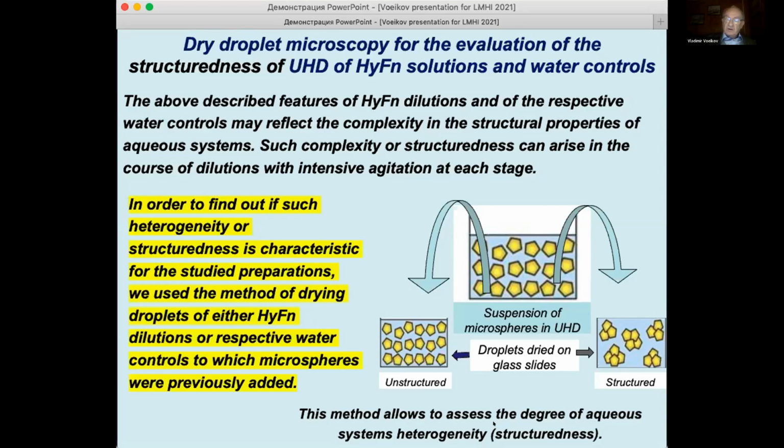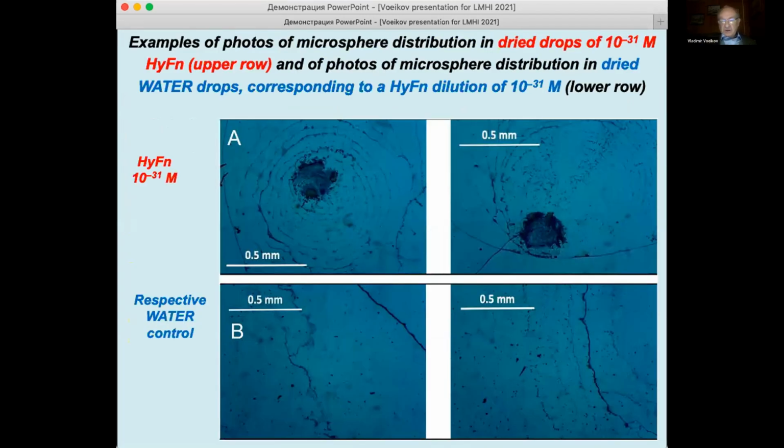This method allows us to assess the degree of heterogeneity or structuredness of aqueous systems. Here I present only a couple of examples, especially for ultra-high dilutions, for hydrated fullerene preparations equivalent to 10 to the minus 31 molar and the respective water control.